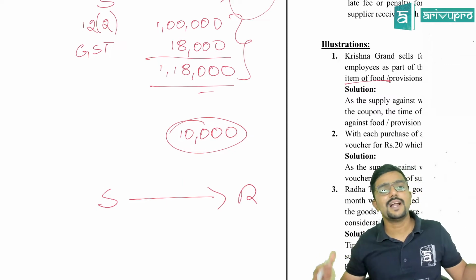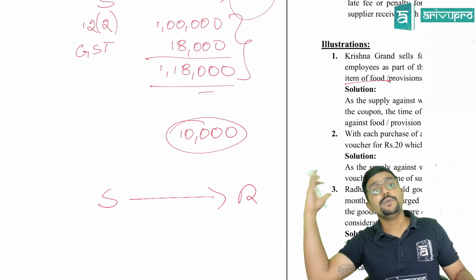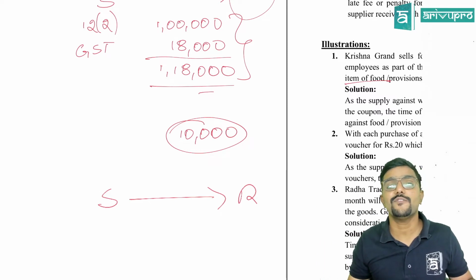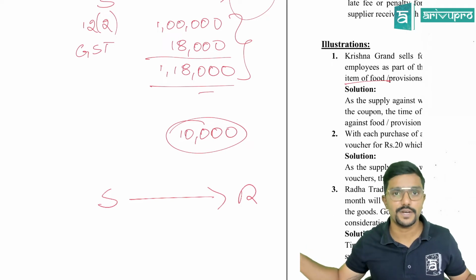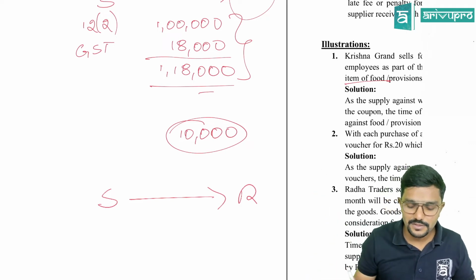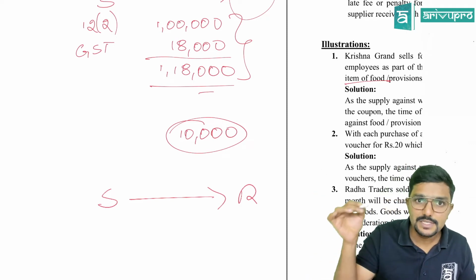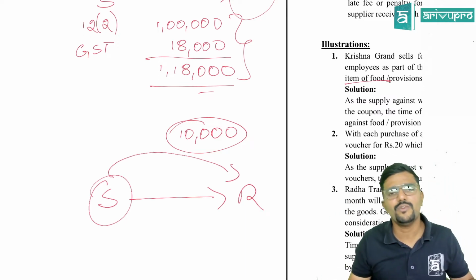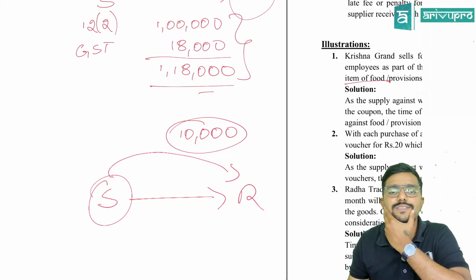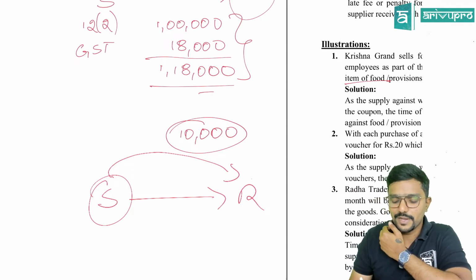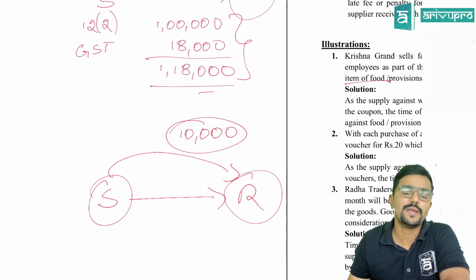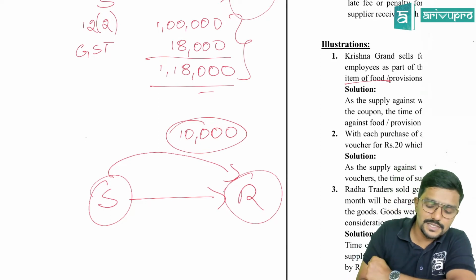Because there is some penalty and interest which the government will charge you if you delay the payment of tax, or if you delay filing the returns of income. Or GST returns. That is different. What we are talking about here is the interest, late fee or penalty which is charged by the supplier to the recipient. When will the supplier charge these things to the recipient? When the recipient is not making payment on time. So the supplier is charging some addition.